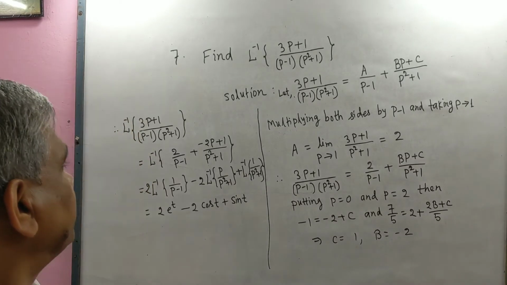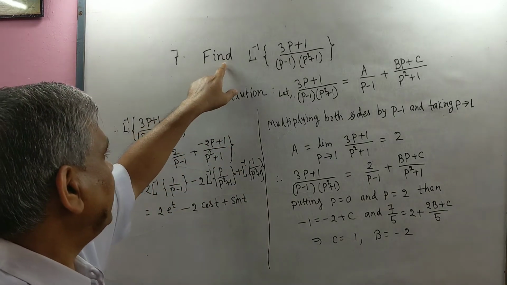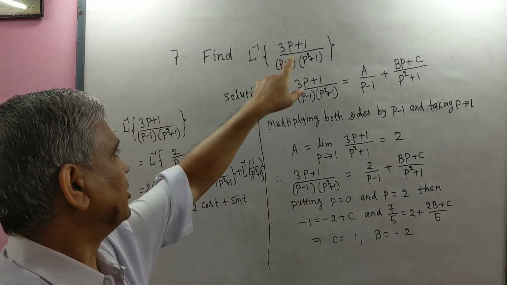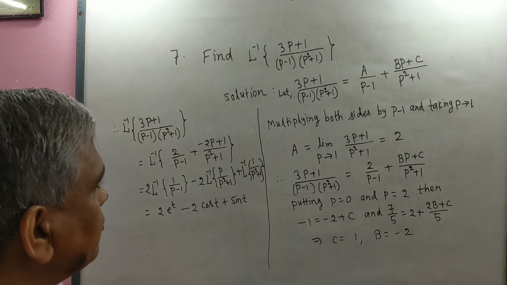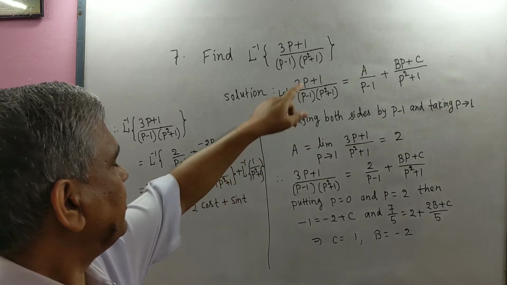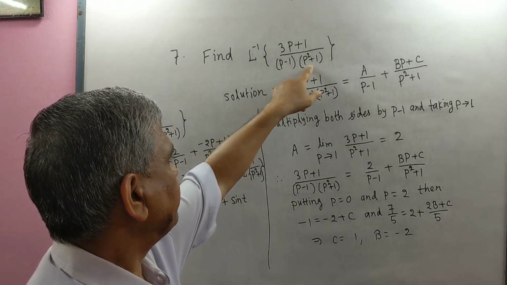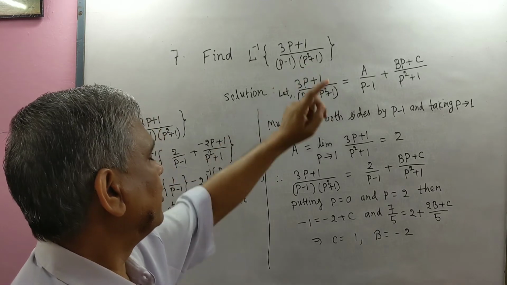Now we solve problem number 7. Find L inverse of 3p plus 1 by p minus 1 into p square plus 1. Here we have a term p square plus 1 which is quadratic.